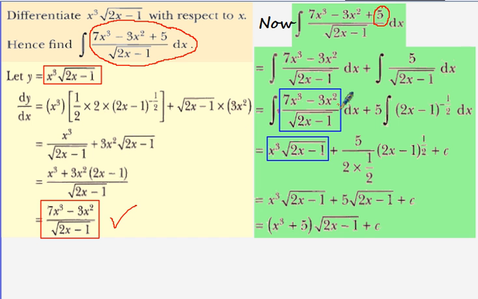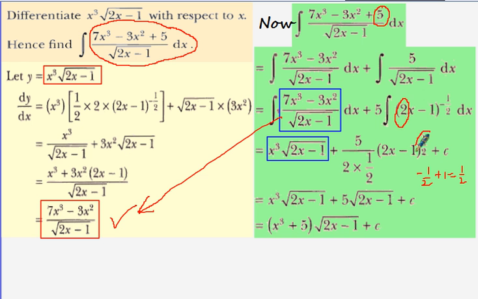7x cube minus 3x square upon root x, this value matches here, so you can write this value x cube and this, and then you can integrate it. You remember, the coefficient of x used to become your denominator, and here the degree is minus half, so we add 1, so minus half plus 1 will give you positive half.